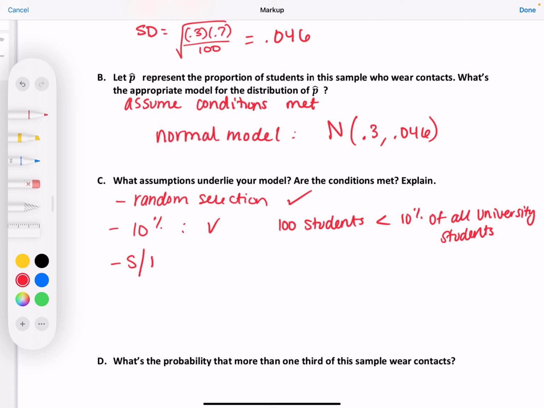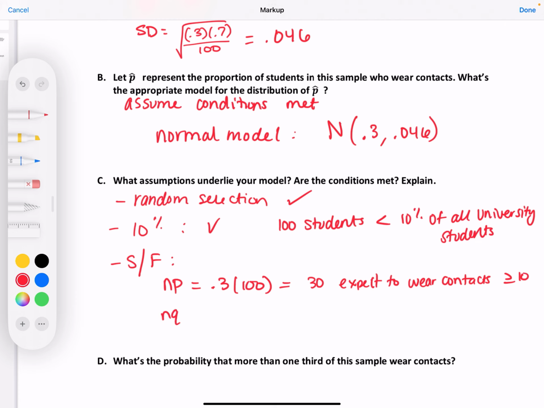Success, failure. So NP is 0.3 times 100, which would be 30. And that's who we expect to wear contacts. And that's greater than or equal to 10.